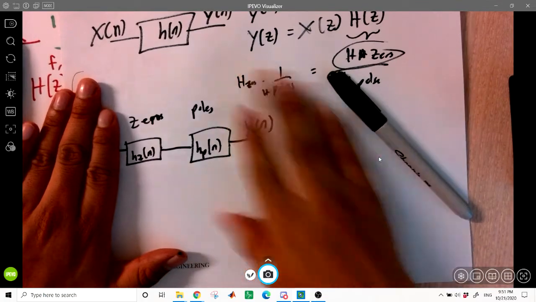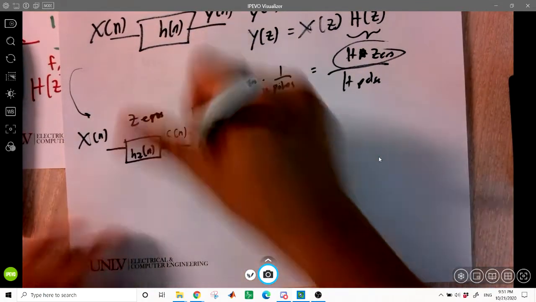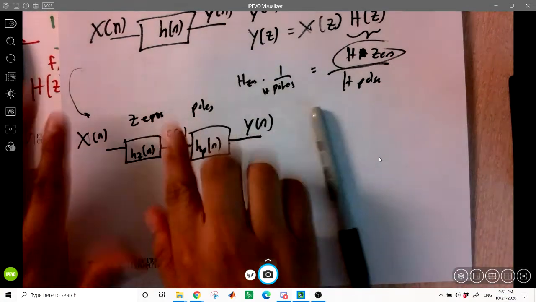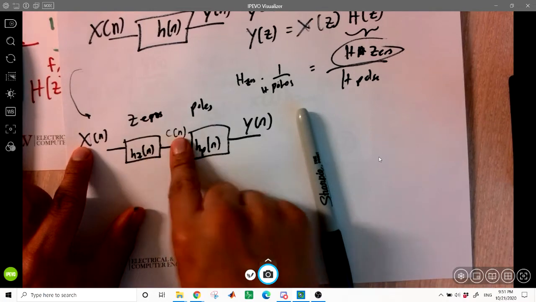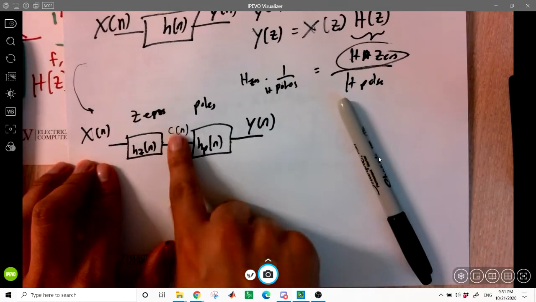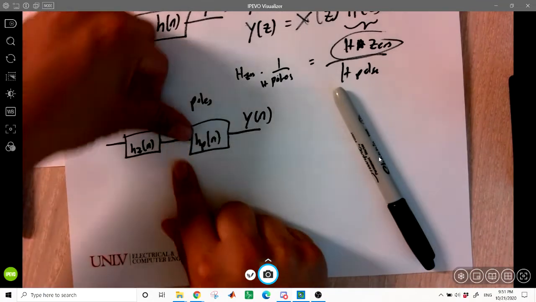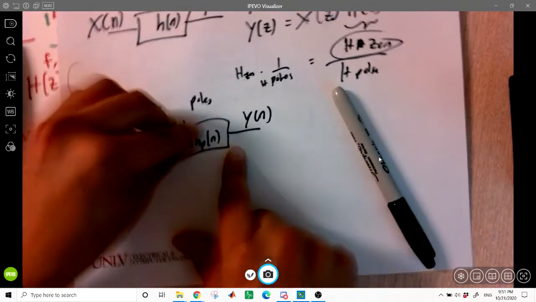Remember what happened when we have, let's call it C of n, where if we take this and we convolve it with this, we convolve these two to get this output, and same thing with this. By linearity, if we just ignore the C of n and we treat the C of n as H of Z, this is our new input into our next response.